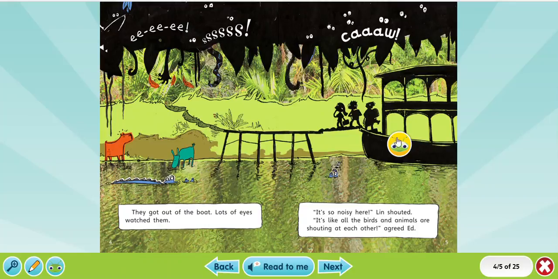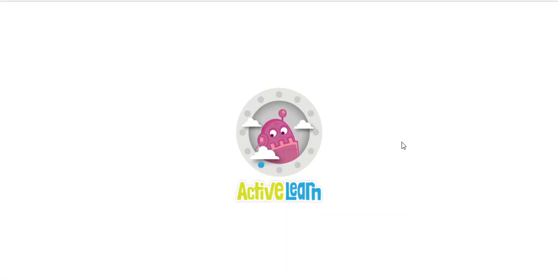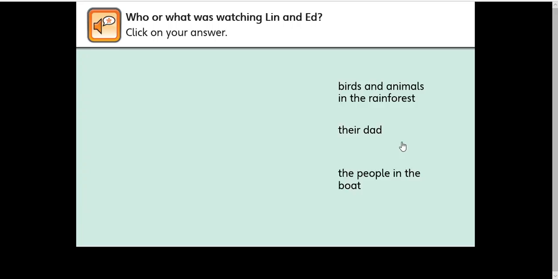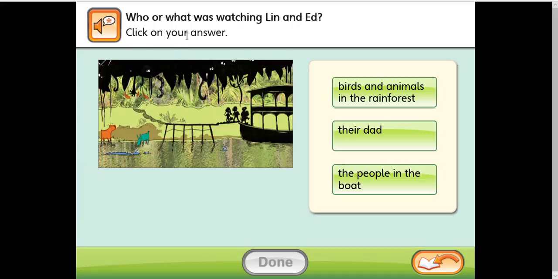Now let's open this bug in the corner here. What do we have here? Who or what is watching Lynn and Ed? So, who or what is watching or looking at these people?